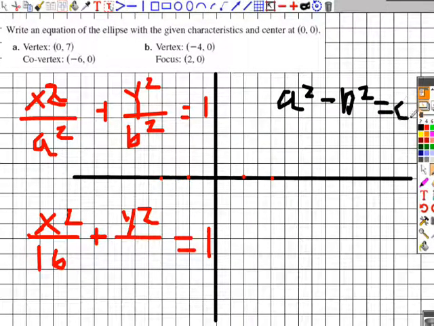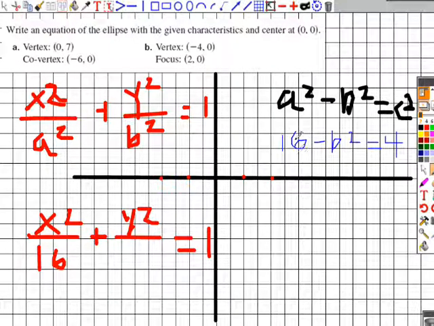So we know a and we know c, so we can find b. Alright, so a squared is 16. We already have that. So we have 16 minus b squared equals c squared. c is 2, so 2 squared is 4.